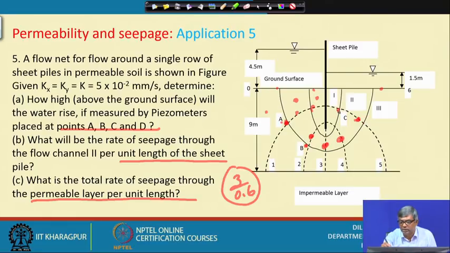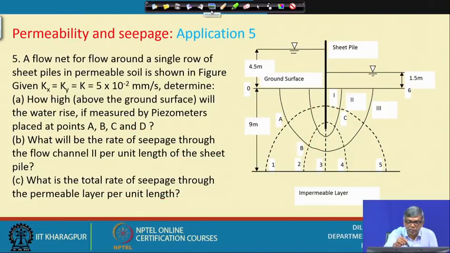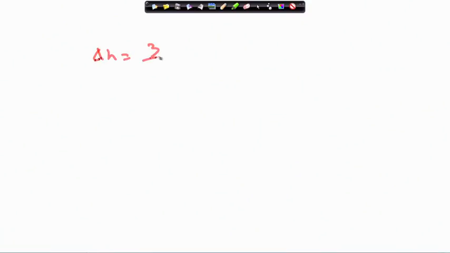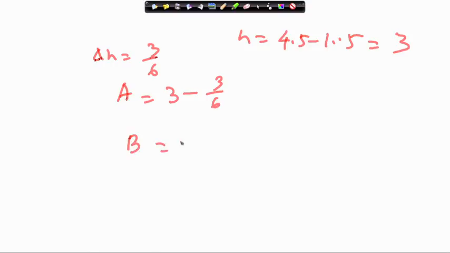Let us see how to do the calculation. Here I have taken delta H equal to 3 by 6, since 6 drops are there. Whatever value it comes to at A, the total head is 4.5 minus 1.5, so it is 3. At A it will be 3 minus 3 by 6, at B it will be 3 minus 2 into 3 by 6, like that.